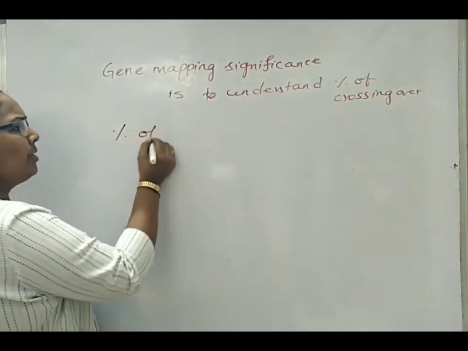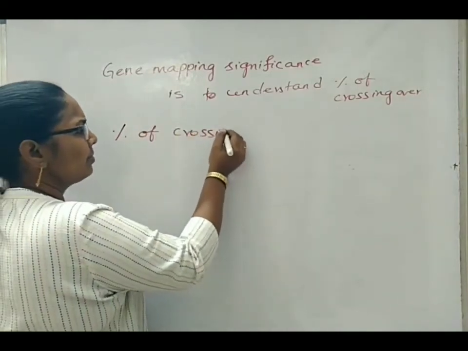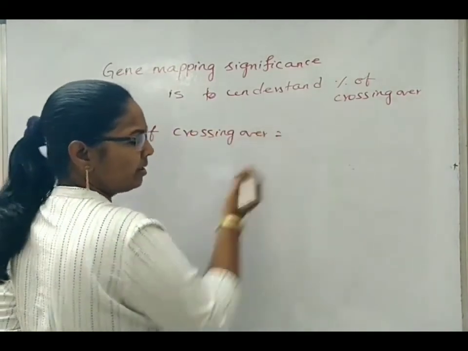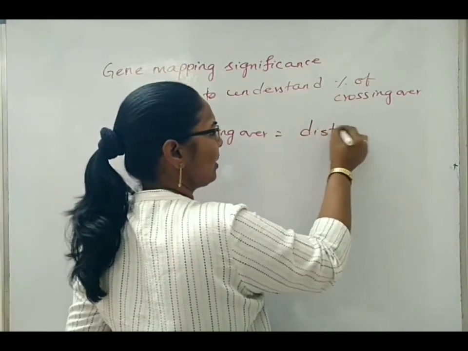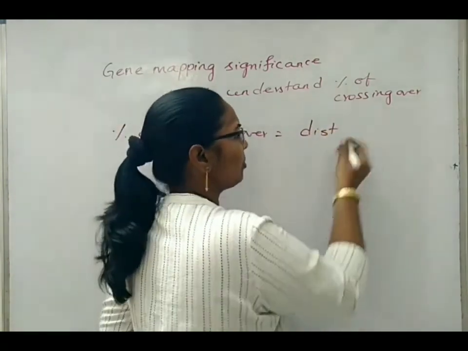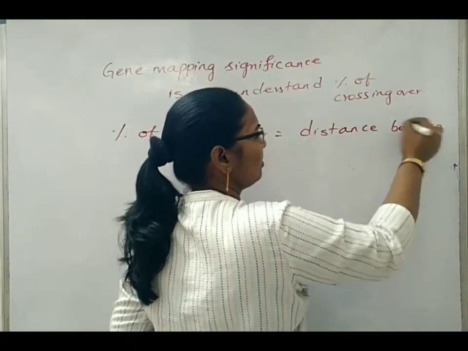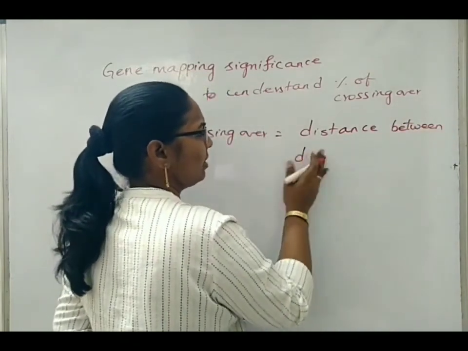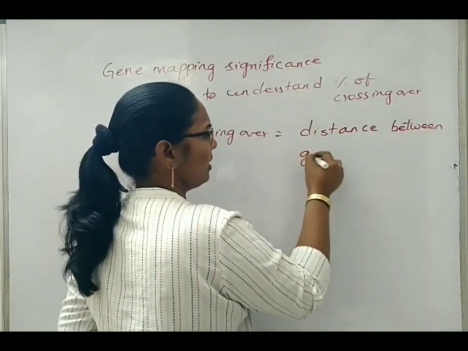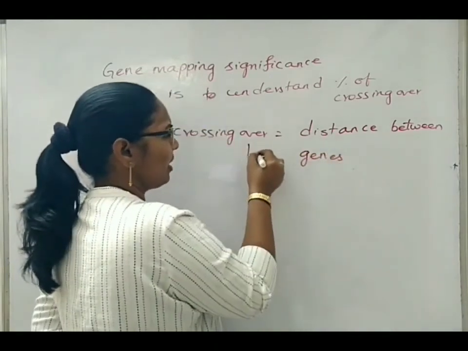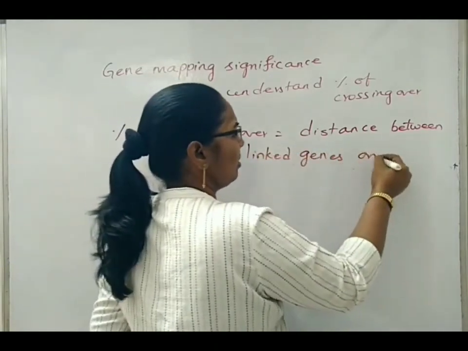Here, the percentage of crossing over depends on the distance between the alleles or the genes on a chromosome. It depends upon the distance between genes. We can also say linked genes on a chromosome.